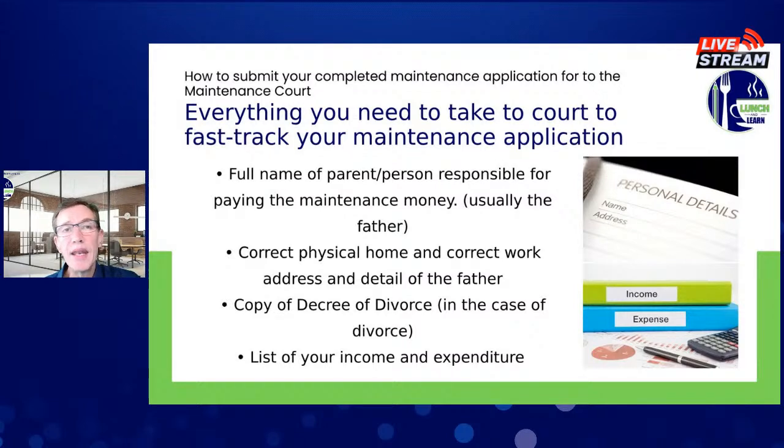Very important, the names and the details of the person that you claim maintenance from. That is usually the father, if you're the mother as the complainant. You need the details of the father, or some form of identifiable detail that the court could proceed with this matter. If you do not know where the father is, and you don't have an idea, and you do not know his ID number, and you do not even know his proper or full names, chances are very slim that your matter will be attended to.